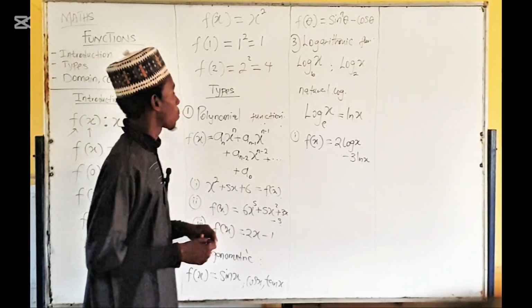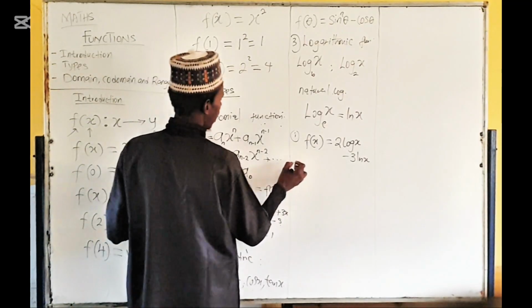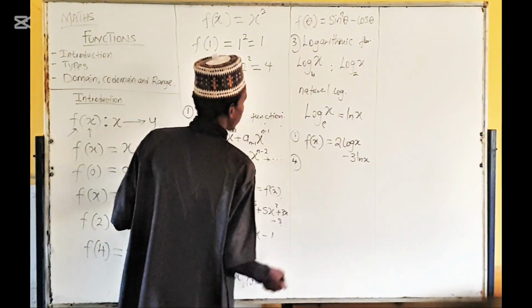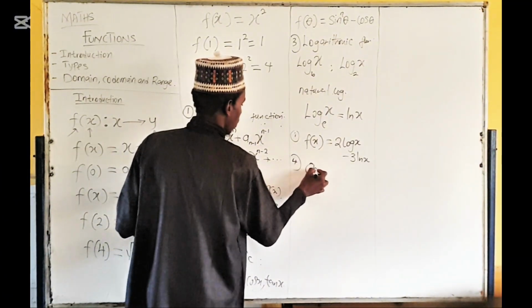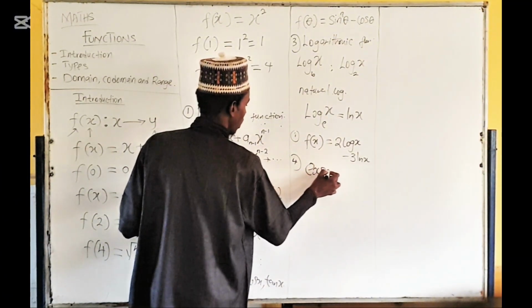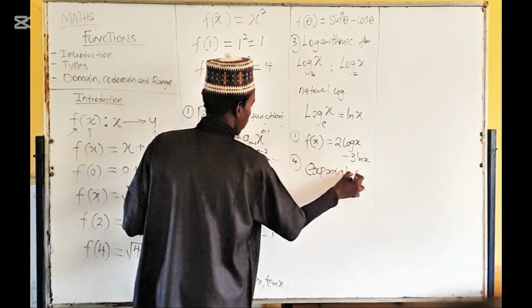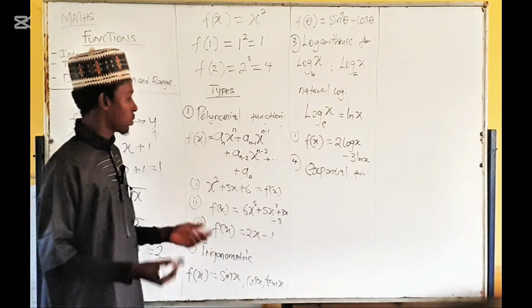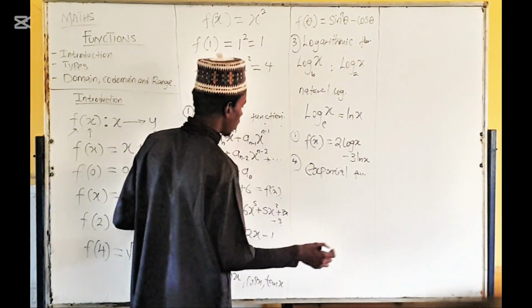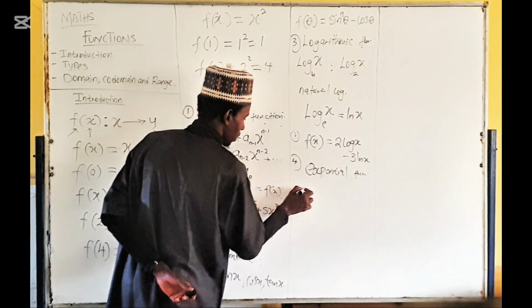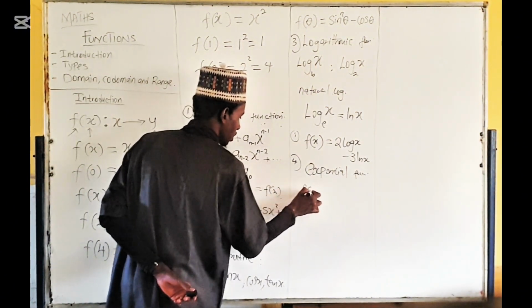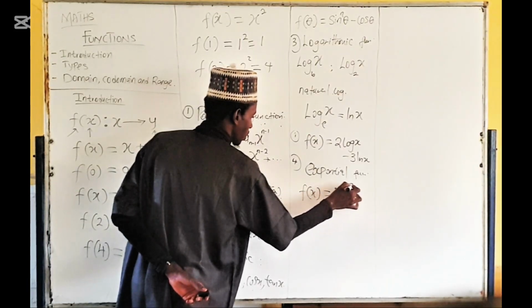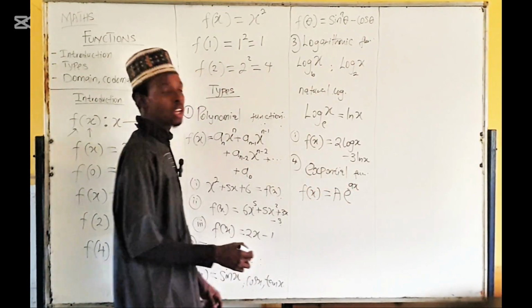I hope you understand. Now we have other functions, like even the exponential functions. So what are the exponential functions? Exponential functions are just functions of exponential. They are generally in this format: f of x is equal to a e^(ax). This is their format.